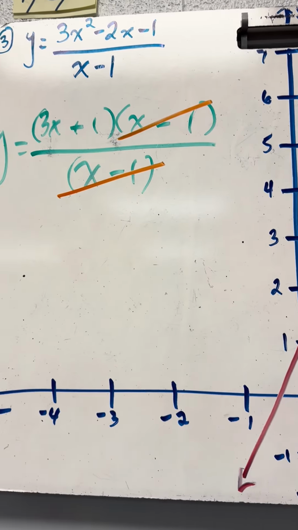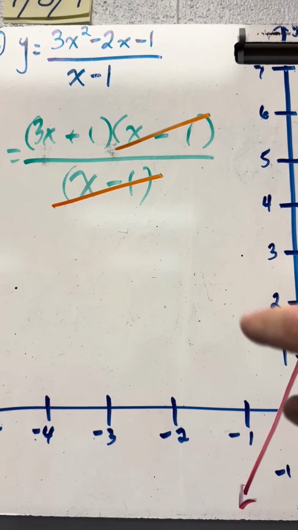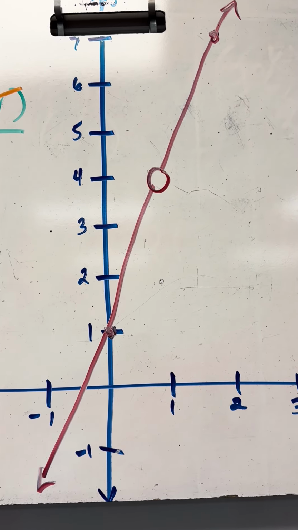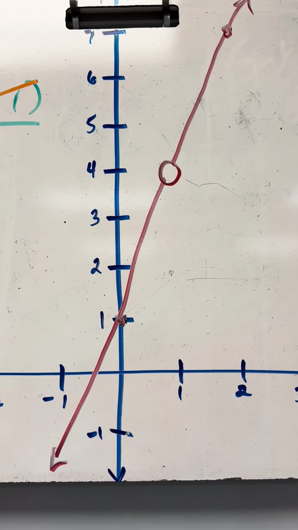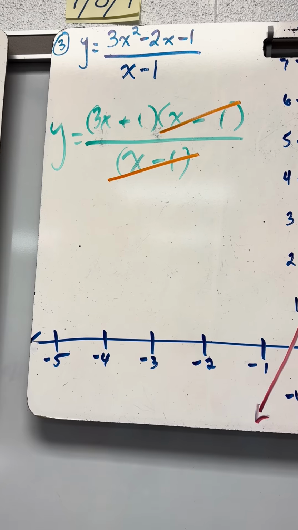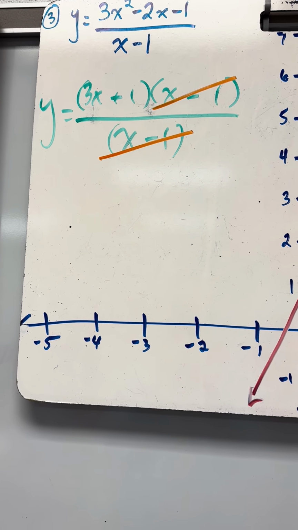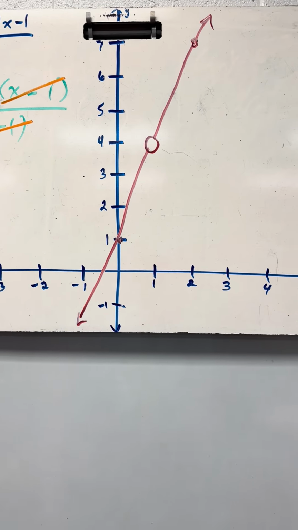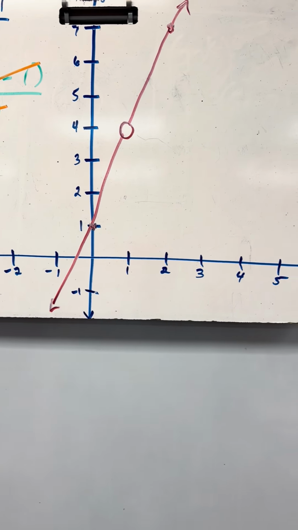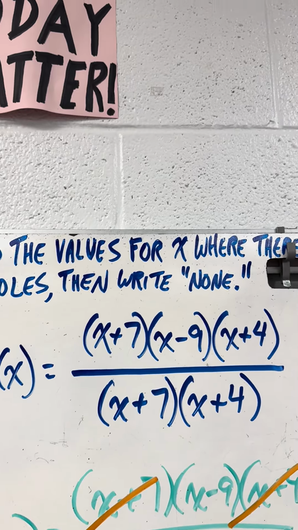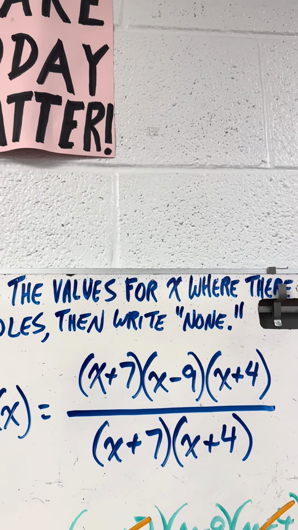So when something cancels, you'll have a hole as opposed to an asymptote, okay? This happens when it cancels, okay? So for my assignment today, I'm asking my students to just tell me where you're going to have a hole.